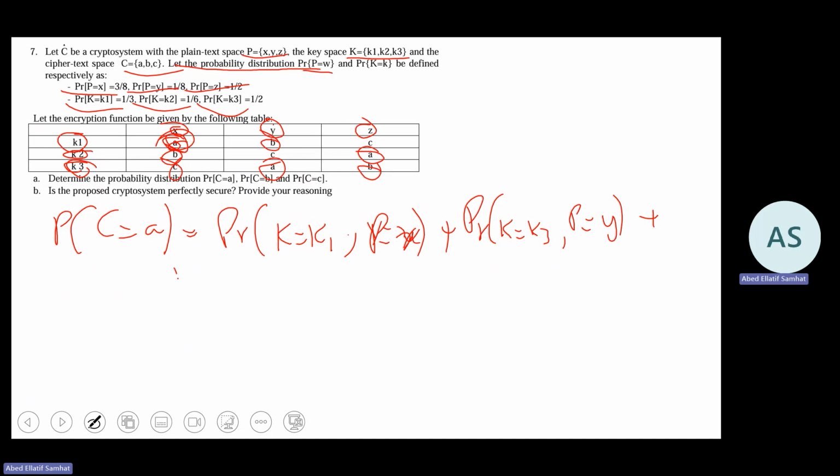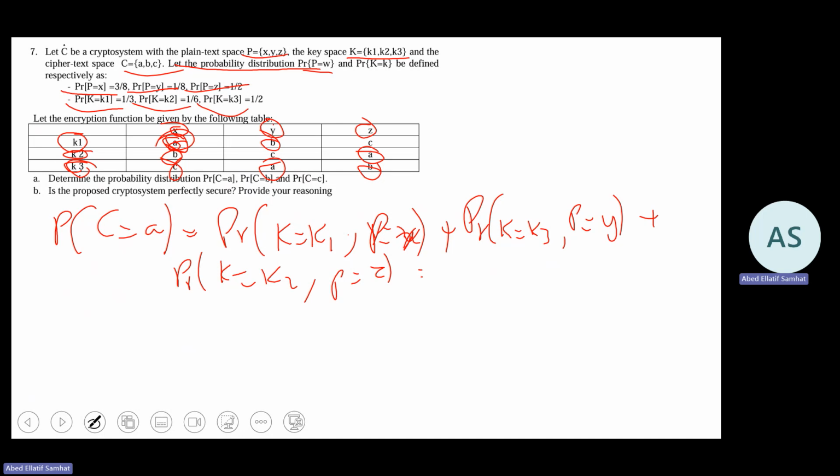And the third case we add, because it's possible to have all those possibilities, is the key equal k2 and the plain text equal z. This is simultaneous, so in this case it's a multiplication.